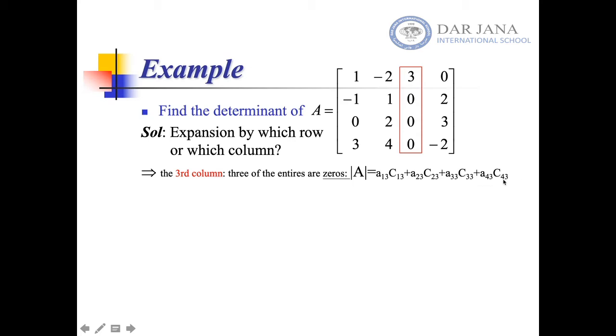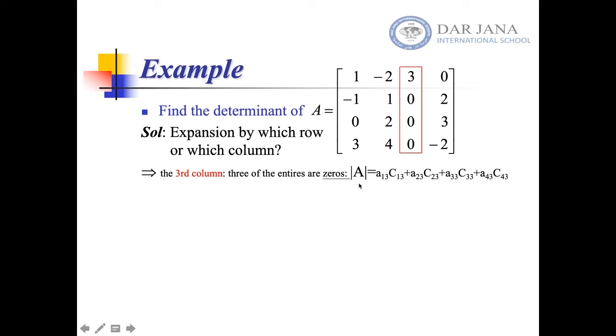Now the beautiful thing here is that A23 C23, A33 C33, and A43 C43 will each be 0. And why is that? Because the elements A23, A33, and A43 are 0. Multiplying any number by 0 will give me 0. So all of these are cancelled.